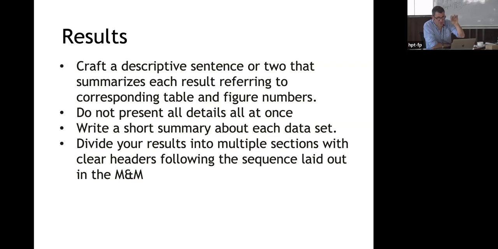And then of course, you refer to the figure that you're talking about. So do not present all details at once. A paragraph with everything, no. So if you have 3 tables or three figures, you will have 3 paragraphs with a summarizing sentence at the beginning, referring to your graph.